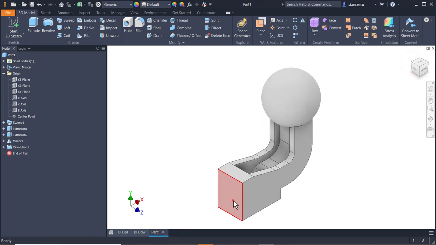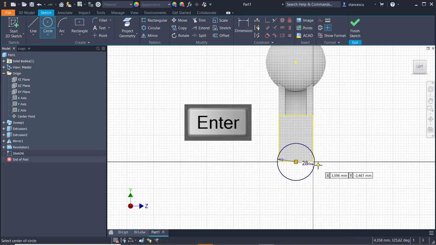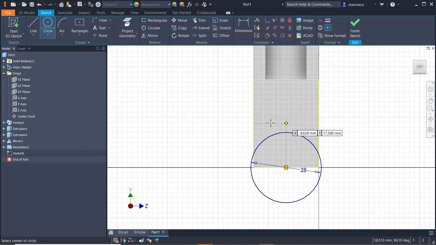On this face, we create a circle with a diameter of 28, which is not 26. 26 is this dimension.